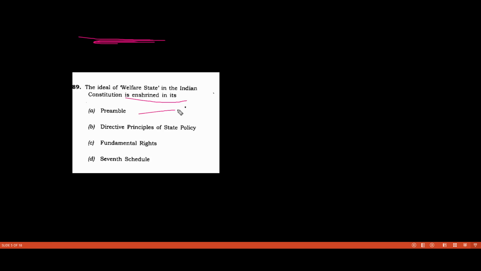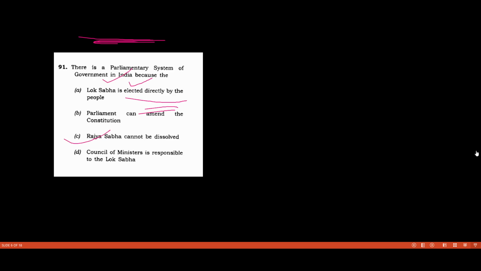But if you see the directive principles of state policy, especially if you are reading from Lakshmikant, there are some directive principles of state policy which are there for the welfare state. All right. So those directive principles, so the welfare state, the ideal of that is enshrined in what? It is enshrined in the directive principles of state policy. So don't overthink or confuse. All right, directly mark directive principles of state policy, because you know it is given in Lakshmikant.